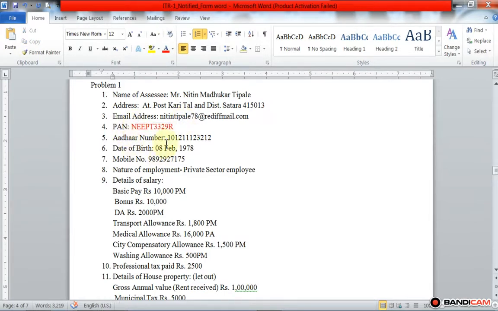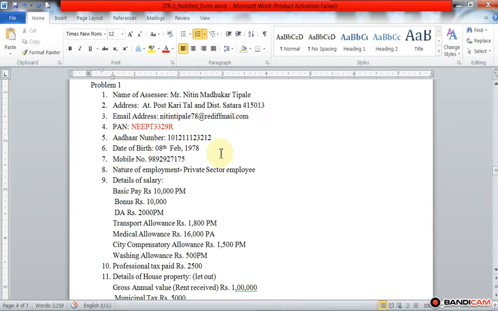Then the Aadhar card number is given, that is 101211123212, the Aadhar card number of Mr. Nitin Tipale. Then date of birth is given, that is 8 February 1978.